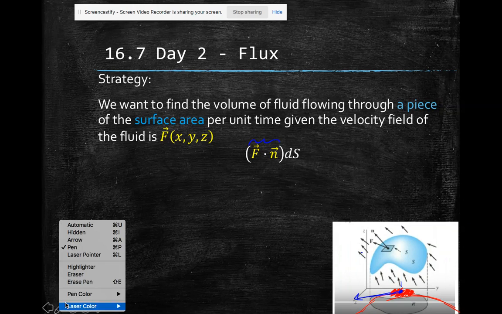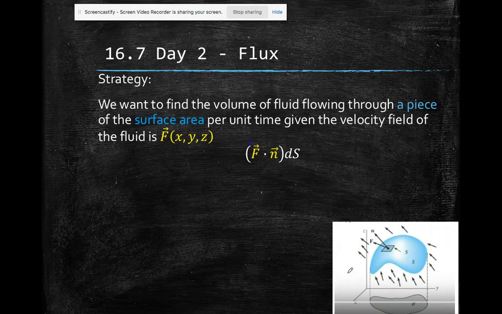And if I do that all over the place, here's my little mini version of what I just drew. There's the normal coming out of there, and here's the force field coming out as it passes through the surface. If the dot product F dot N was 0, the vector field would be tangential to the surface.